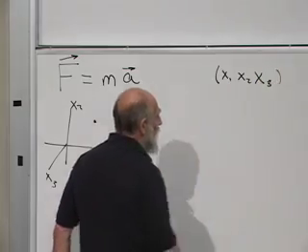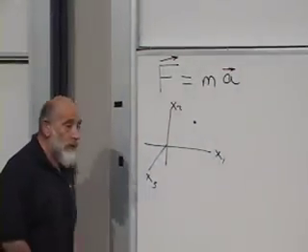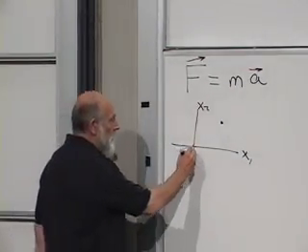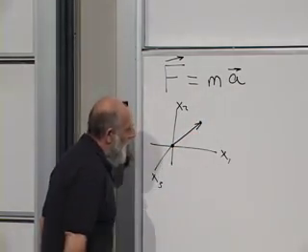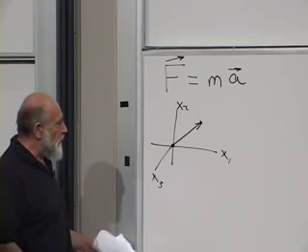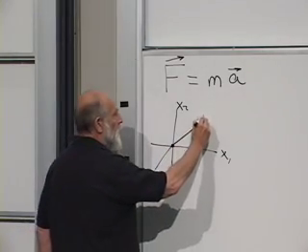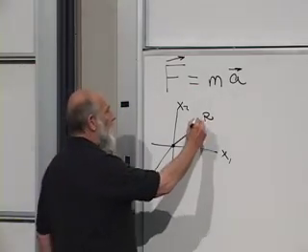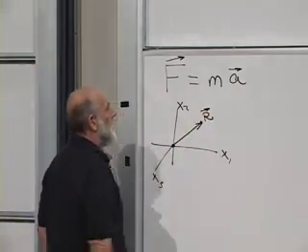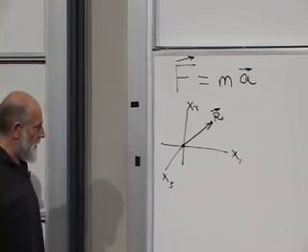Incidentally, x1 and x2 and x3 are components of a vector. They are components of the position vector of the particle. Position vector of the particle I will often call either small r or large r, depending on the particular context.